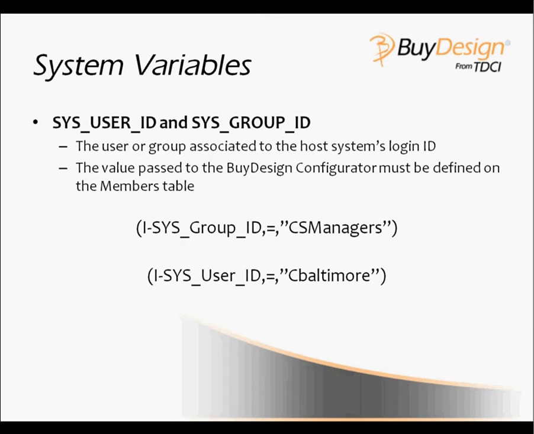So for me, when I log into one of the ERP systems as C Baltimore, behind the scenes, I may have a different user ID or a different group ID that's assigned to my name. That user ID or group ID for the configurator will get passed in this system user ID or system group ID and be accessible by the rules for me to control the rule execution.